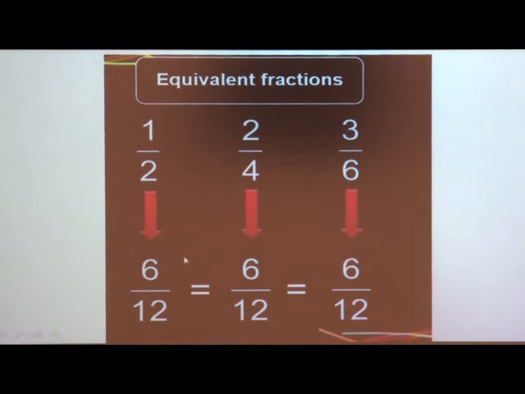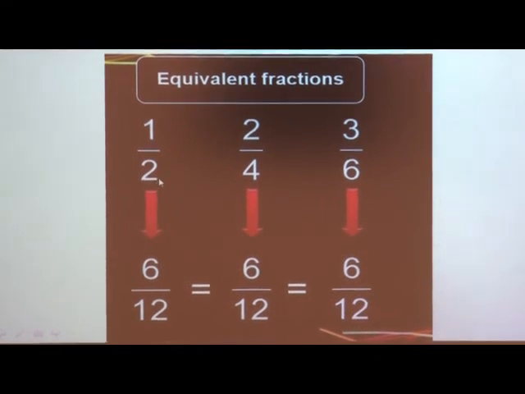Because in the previous slide we saw how to find equivalent fractions by multiplying the numerator and the denominator. Here we will find how to get a 12 in the denominator. Which number will you multiply to get 12? You will multiply 2 by 6 to get 12. The same number you multiply in the numerator, so 1 times 6.